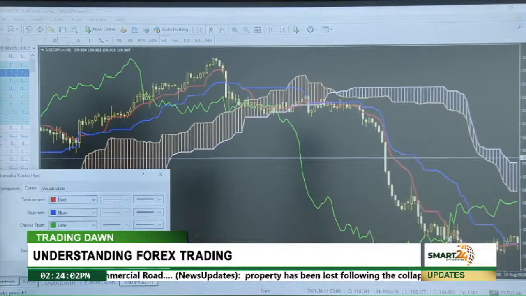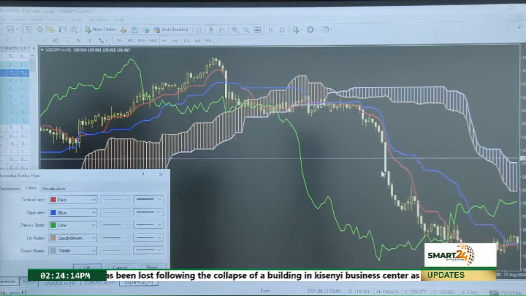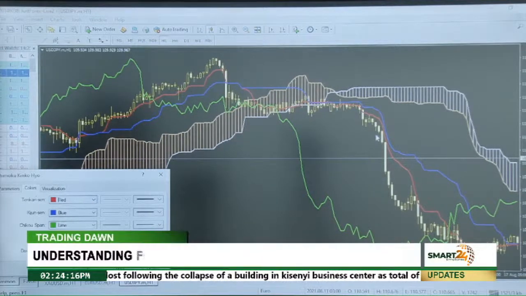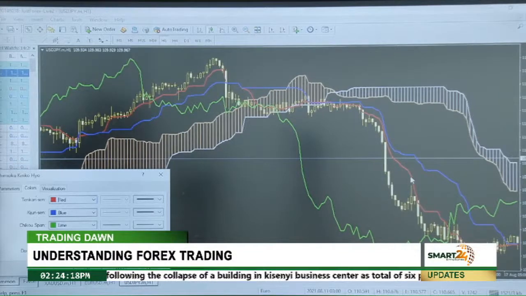So at this point you have the Chiku span. When the Chiku span is below the price, it's pulling it down, in a manner of speaking, like a band. But when it goes above, that's where the reversal starts happening.